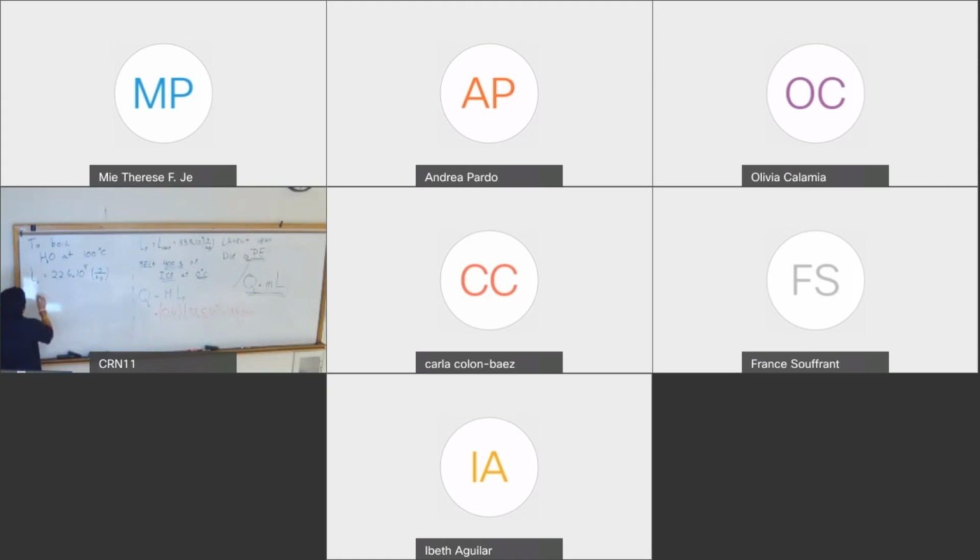Alright. So QL will be 0.4 times 22.6 times 10 to the 5. And that will probably be in the millions. No, that won't be in the millions. It could be, but 904, almost a million joules. 904,000 joules.